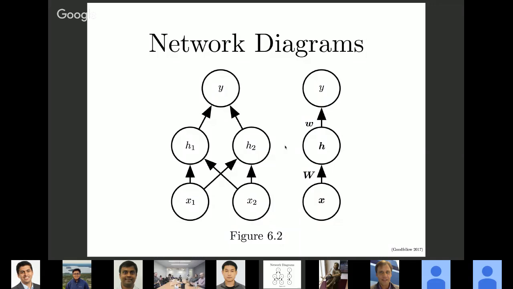We can either think of this as a network that has lots of individual units or neurons, or we can just think of it as a network that has a layer represented by a vector h in the middle. Most of the time, we will use this vector representation on the right when we draw neural nets because it's a lot more compact. Occasionally, we'll do this expanded view where we see lots of different individual units so that we can discuss in more detail what each of those units is doing.